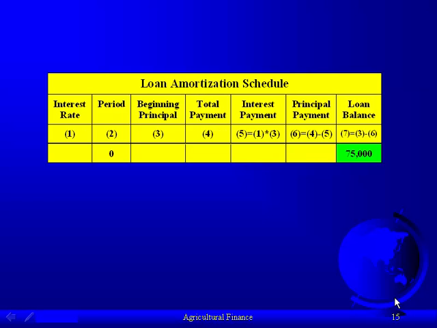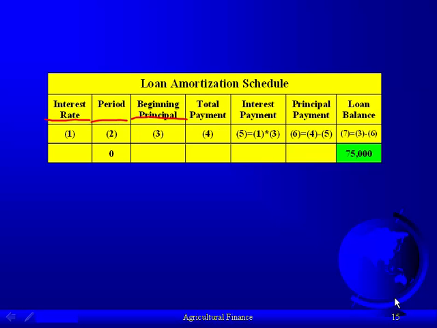So today we have another chart. You're probably getting tired of charts, but while you're learning this, they provide a very easy way to show sequentially how to solve these problems. In this loan amortization schedule, for column 1, we have the interest rate. For column 2, we have the period we're considering.